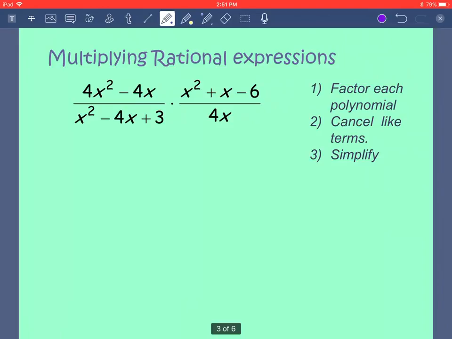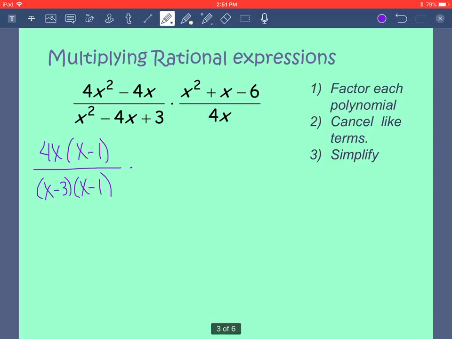So my first step is I'm going to see, can I simplify everything? So 4x squared minus 4x, there's two terms. So I'm going to see, do those two terms have anything in common? They do, because I can factor a 4x out. And if I factor 4x out, I also have x minus 1 over x squared minus 4x plus 3 factors to be x minus 3, x minus 1.